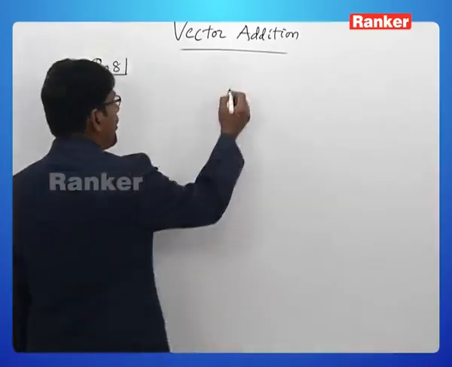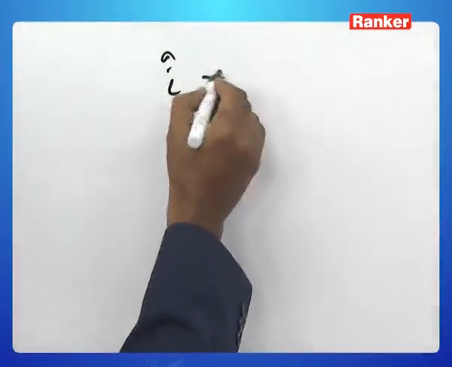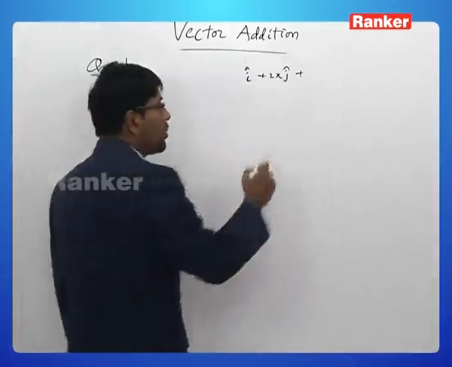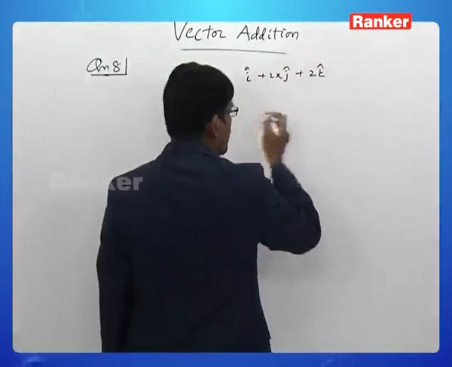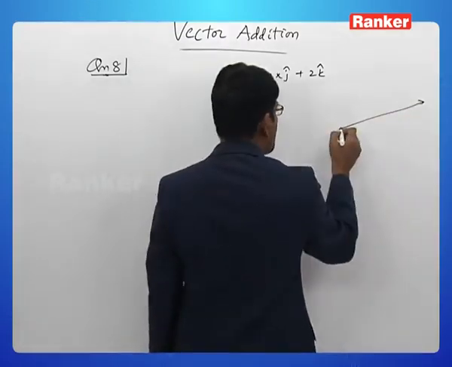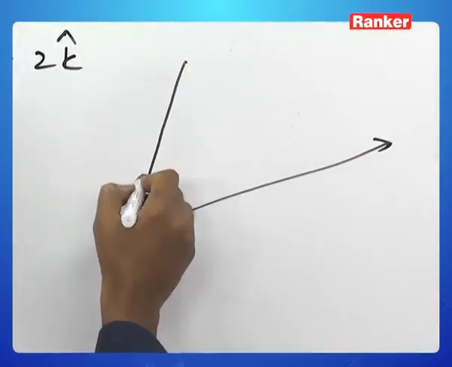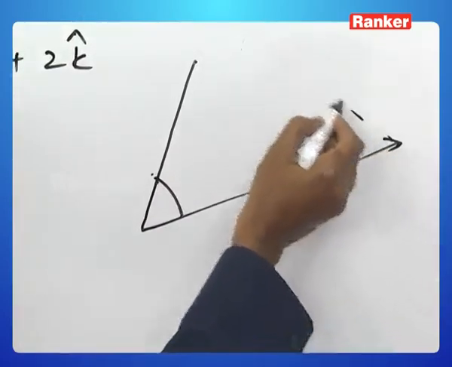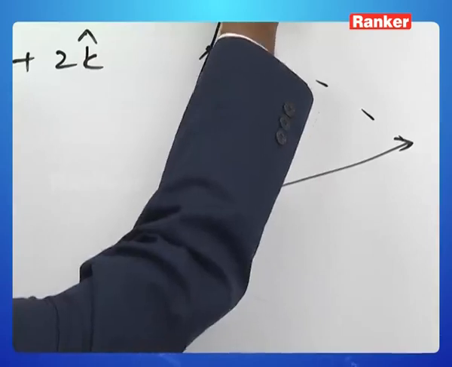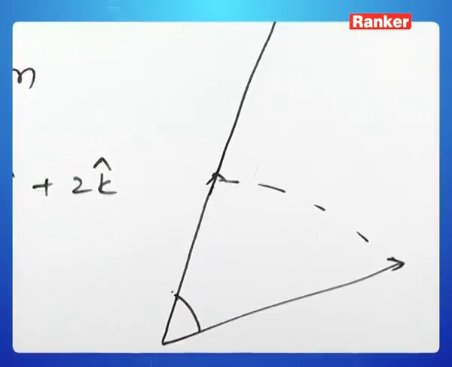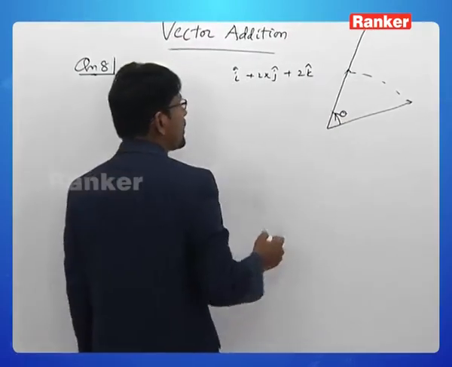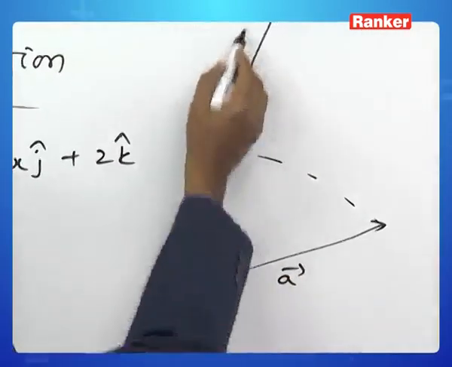Now we are given a vector, let's say i cap plus 2x j cap and 2k cap. This is some vector like this. It's rotated through some angle theta, and now it's doubled. This is theta here. Let us say this is our B bar vector.